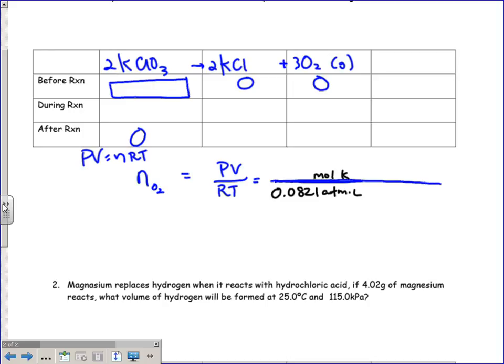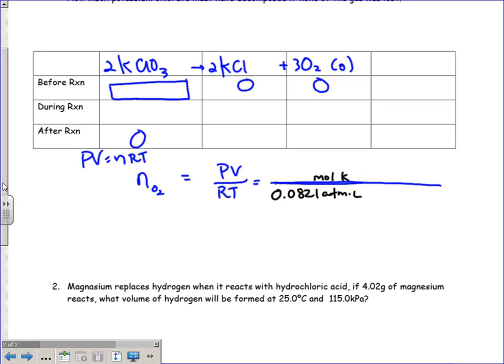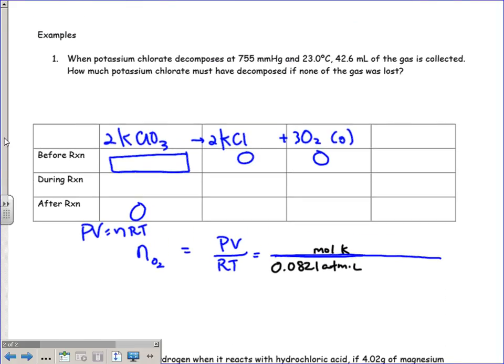And now we have to make sure all of our units are in the proper form. So our pressure has to be in atmospheres. It is not, so we're going to want to convert that. 755 millimeters of mercury. We know that 1 atmosphere is 760 millimeters of mercury. So we've got a little bit less than an atmosphere of pressure here.